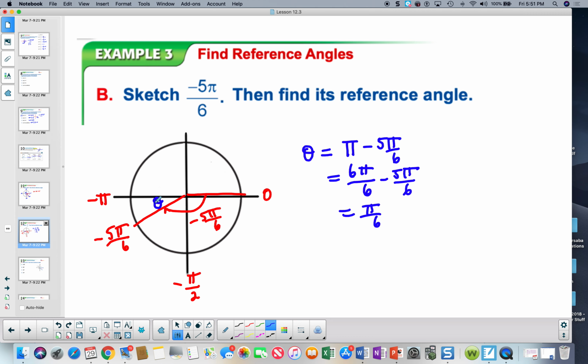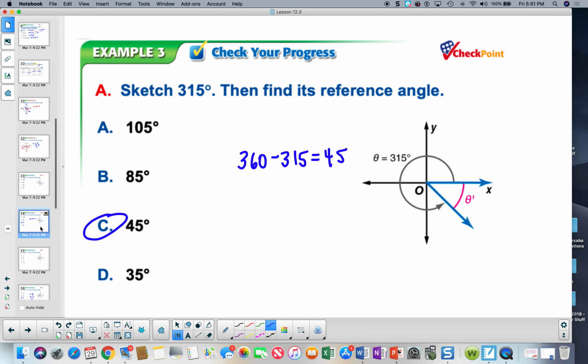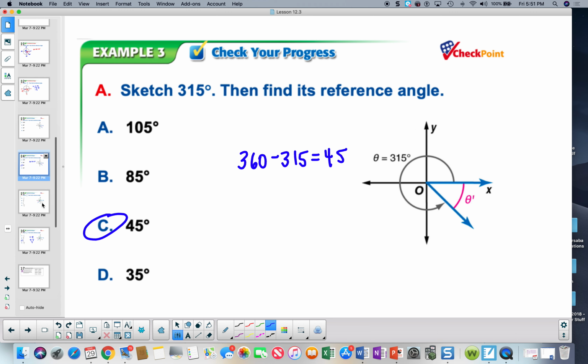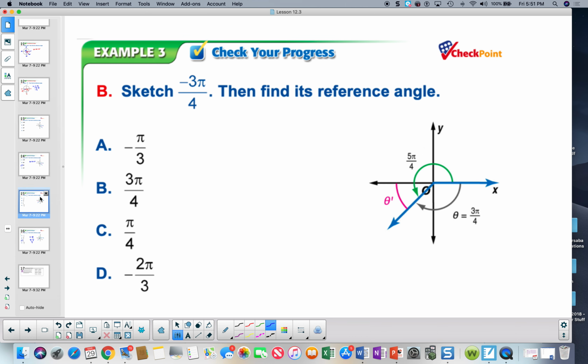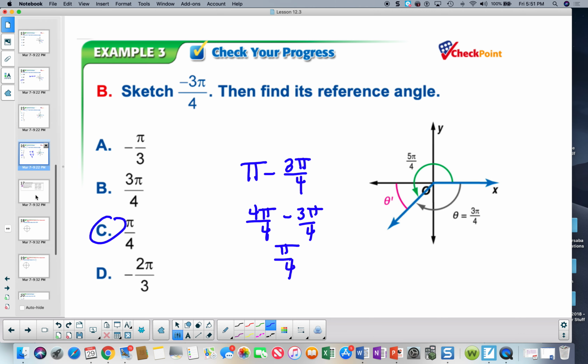So this angle right here is the reference angle, and it's always in positive form, pi over 6. Okay, your turn. And here's the answer, pi over 4.